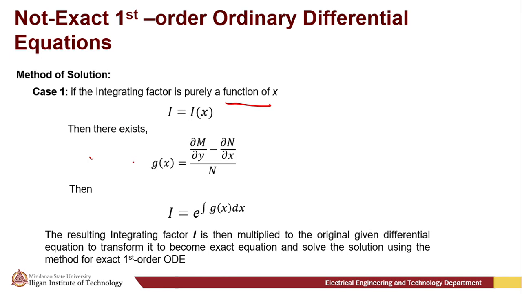Then there exists a function g of x, equal to the partial derivative of M with respect to y minus the partial derivative of N with respect to x, divided by N. If g of x is purely a function of x, then we can use this formula for our integrating factor: I equals e raised to the integral of g of x dx.